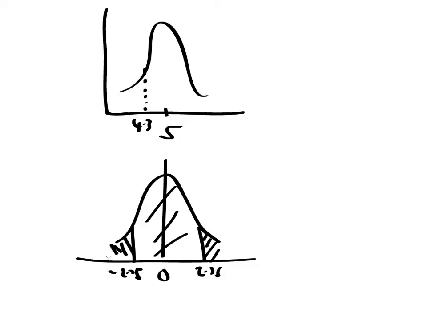So we can say that these tails, and by tails I mean the ends of the graph here, the probability of being in these tails is between 0.005 or 0.5% and 0.01 or 1%. Meaning for this t-test, the p-value using a table is between 0.005 and 0.01.